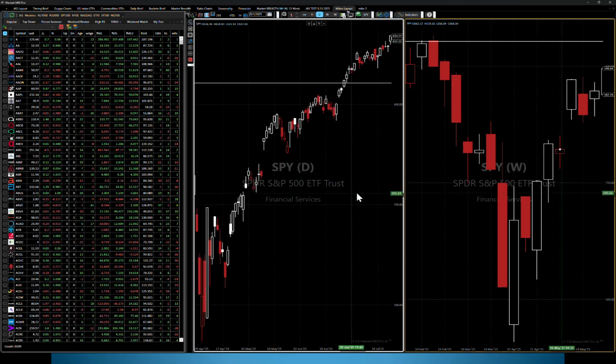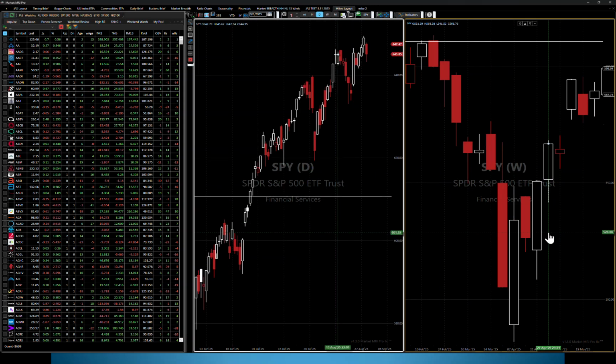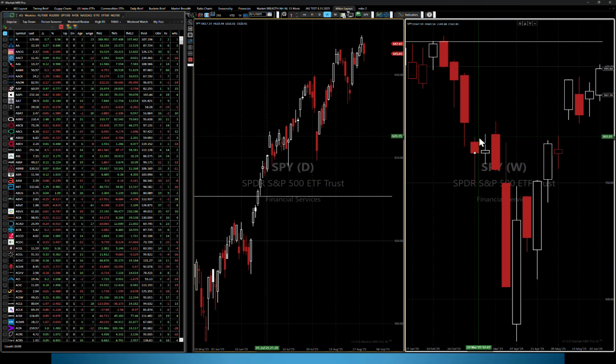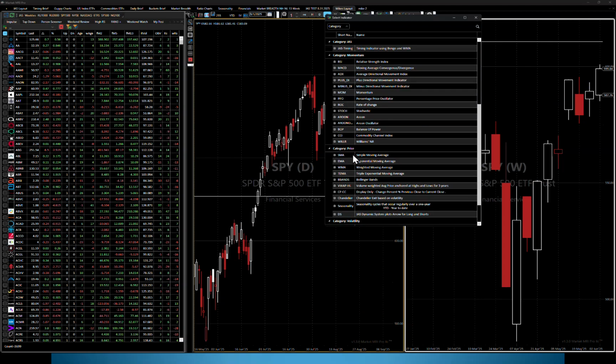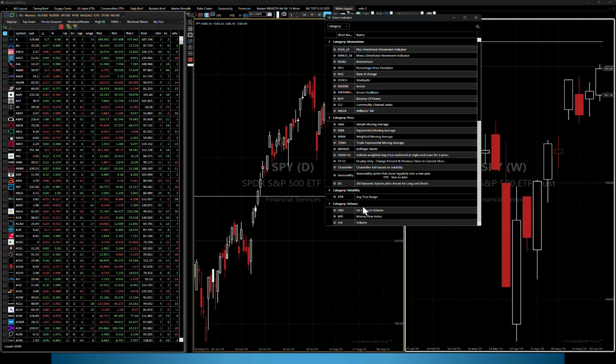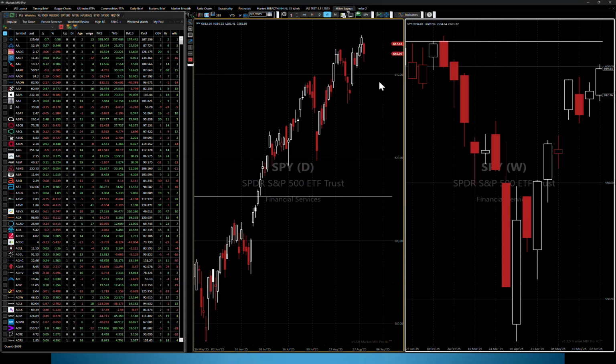And I can set them up any way I want them to be set up. And I can go and add indicators by clicking in here. And you'll see you have breadth, my indicators, momentum, price indicators, some volatility, and then some volume indicators. And that's something that will continue to grow, especially as people make requests.